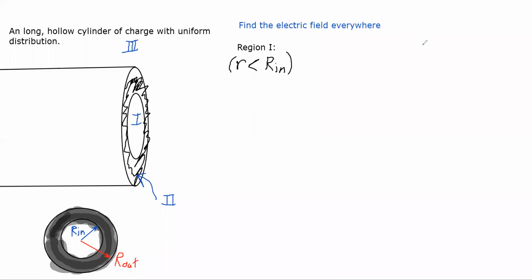And let me draw an axis here, at least a faint axis. So here's the axis of the cylinder, supposed to look like it's going through the middle. And so I'm going to pick my Gaussian surface to look like this.